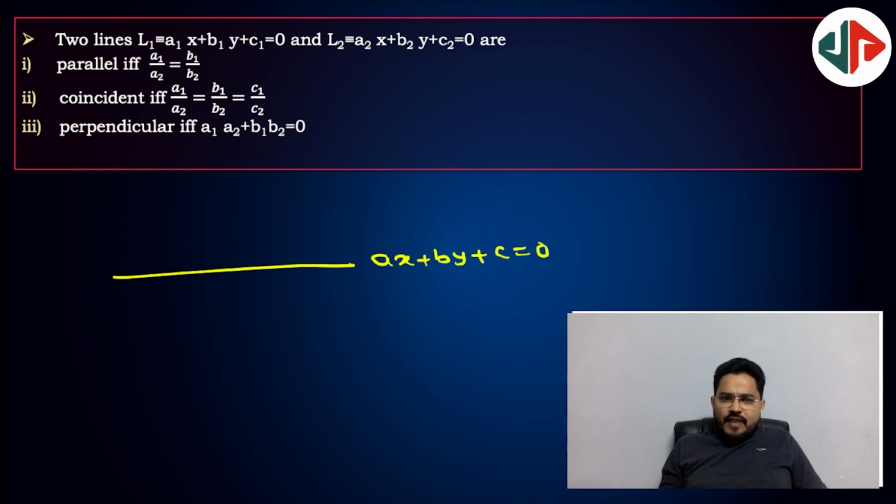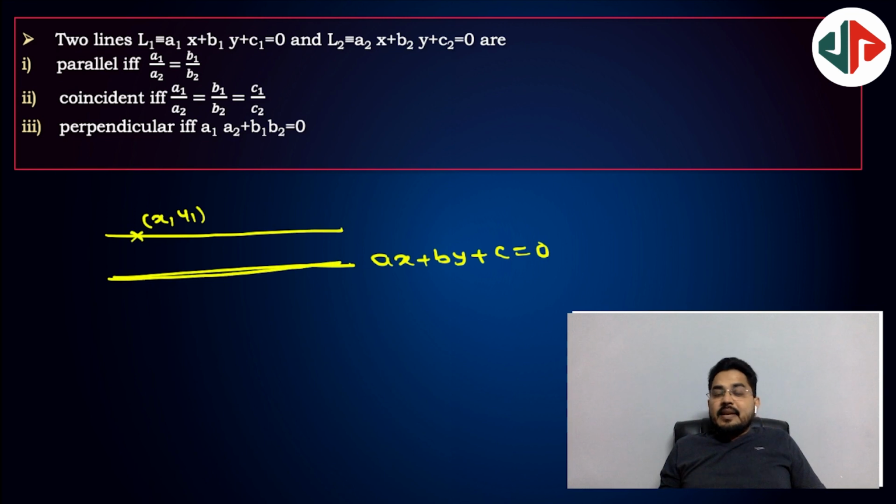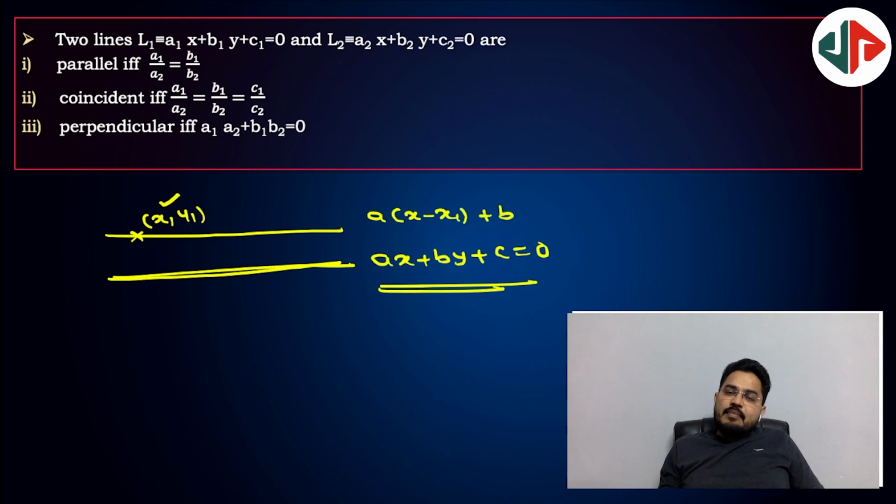I need to find a line parallel to this one passing through x1, y1. The slope of this line is minus a by b. Any line parallel to this one passing through x1, y1 will be a into x minus x1 plus b into y minus y1 is equal to 0.